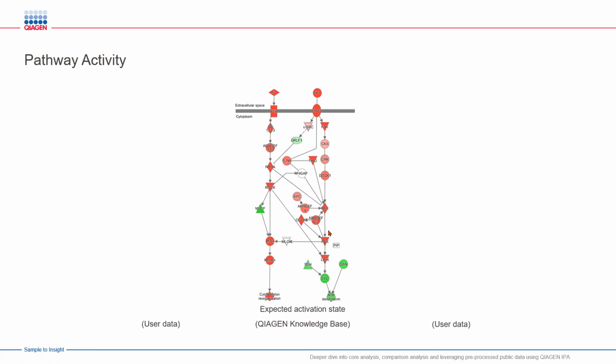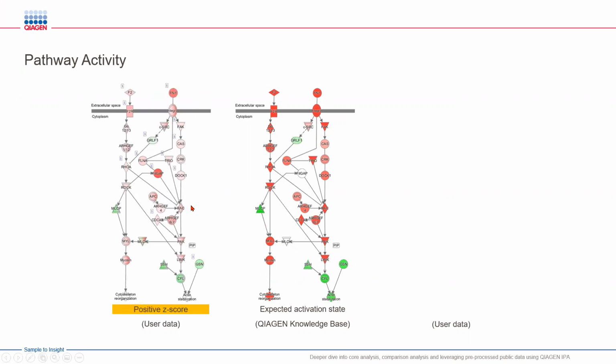Now, when you overlay your own expression data on top of this pathway, and there is a match between the direction of the fold change values in your data and this public data, IPA calculates a Z-score. In that scenario, you'll get a positive Z-score, and your pathway would look orange in color, which is activated.